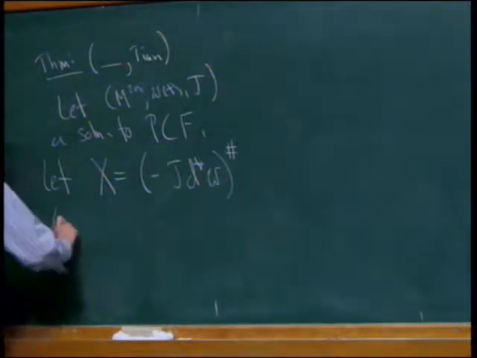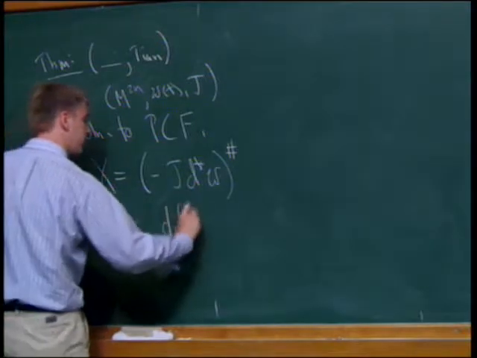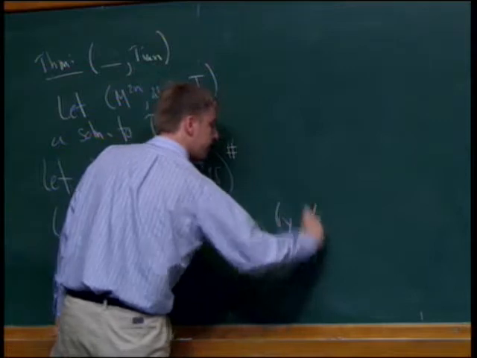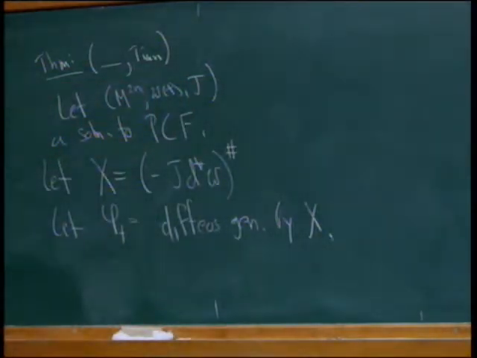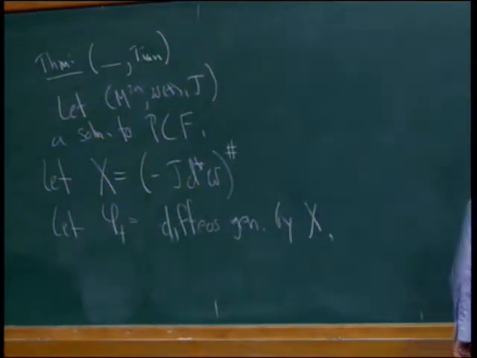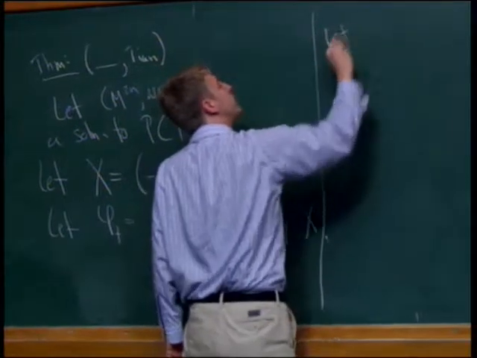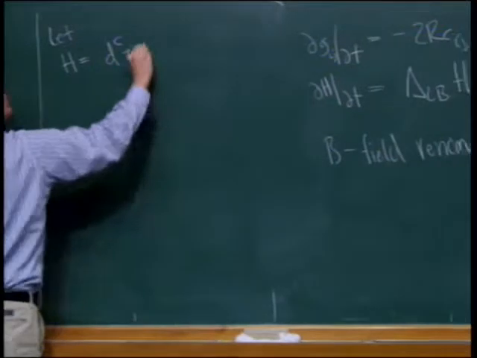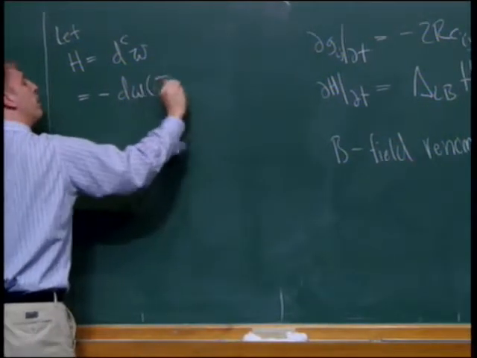Then let φ_t be the diffeos generated by X. And then finally, let H be d^c ω, which by definition is minus dω J.